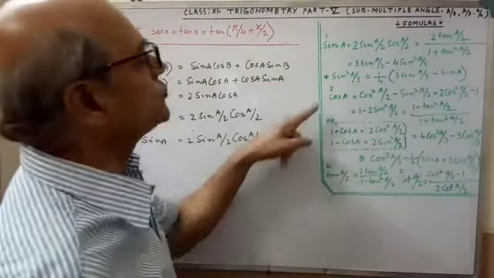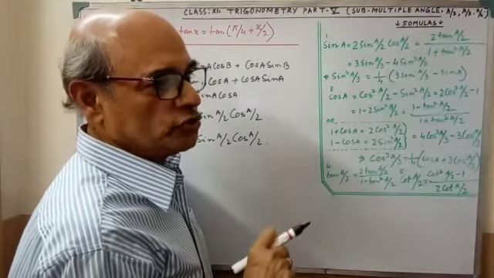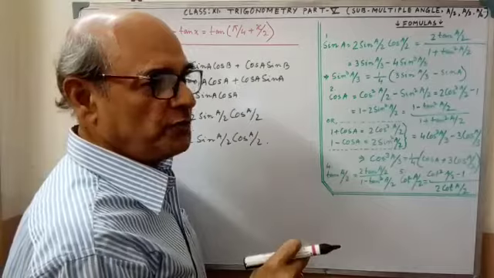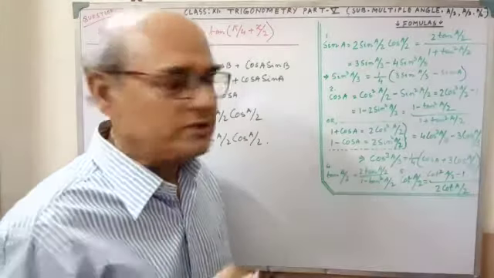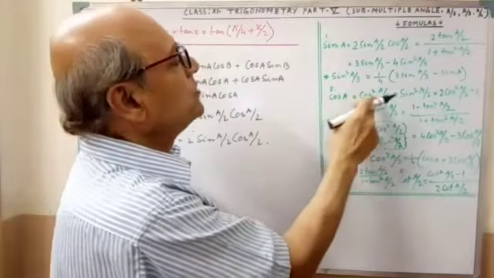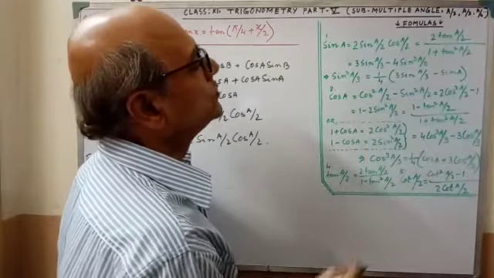Second formula, cos A. In the same way, cos A means cos(A plus A), that is cos 2A. And cos 2A, if you divide by 2, then you will get cos A. And cos A equals cos square A by 2 minus sin square A by 2.